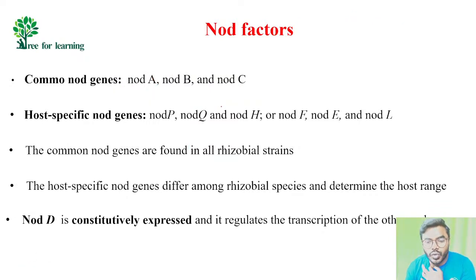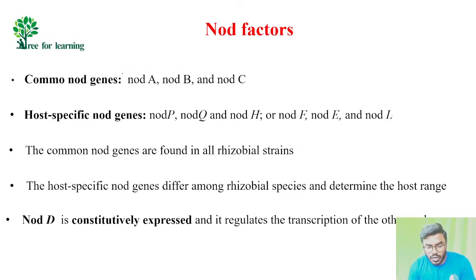So I want you to remember all the genes. The nod factors or nod genes are broadly categorized into 2 types. What are those? One we can call common nod genes and another one we can call, friends, host specific nod genes. Friends, what's the major difference between the common nod gene and host specific nod gene? The name itself is very clearly indicating now, friends.